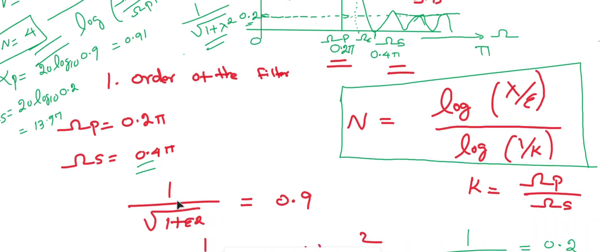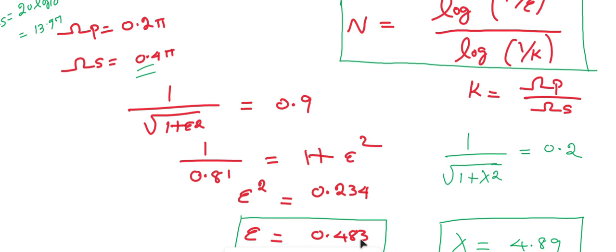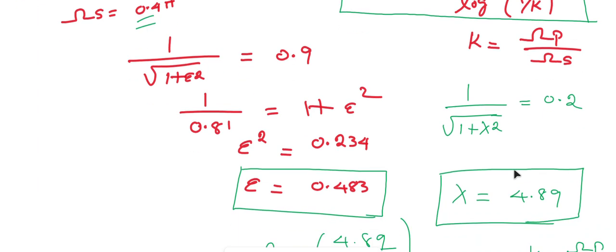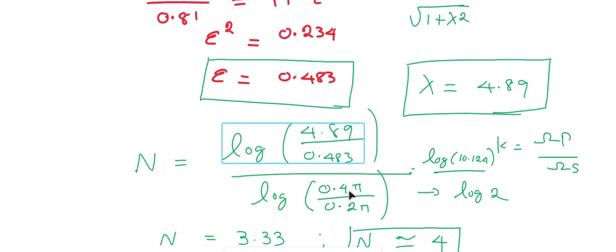From the given specification, the ripple in the pass band is 0.9. From this, epsilon can be determined as 0.483. Similarly, the ripple in the stop band is 0.2. From that, lambda can be determined as 4.89. By using this formula, n equals log of lambda by epsilon, 4.89 by 0.483, divided by log of omega s by omega p.